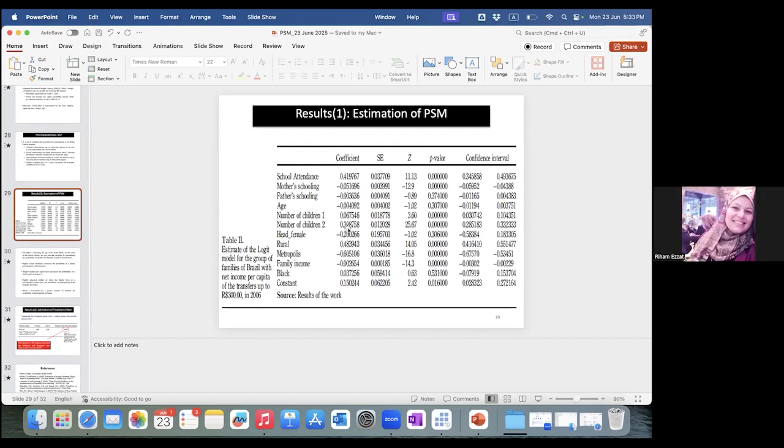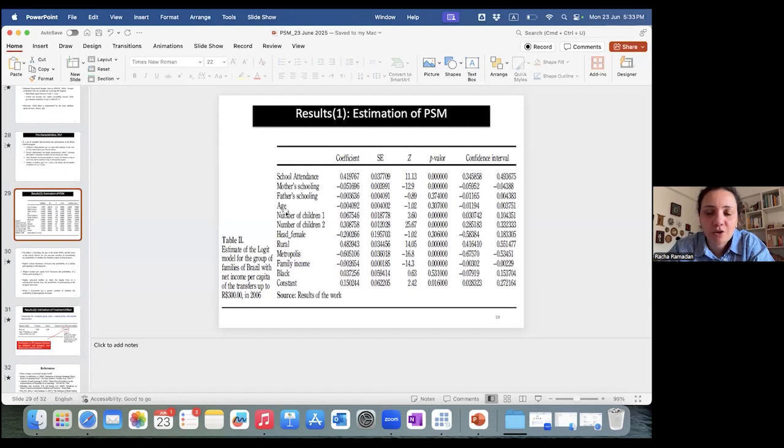Yes. It's better to make sure that all the variables you include in your model are the ones significantly affecting the probability of being treated or of being selected. Okay. But what I meant is that here we have almost all variables significant.